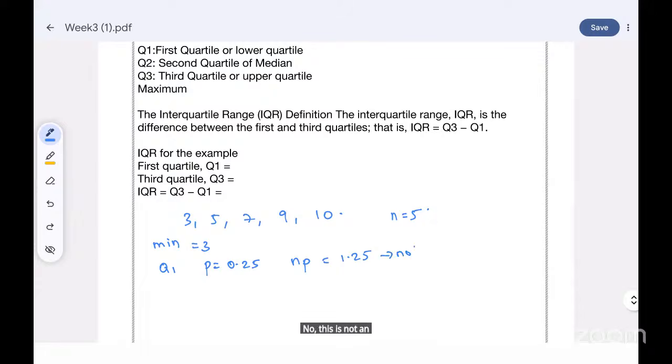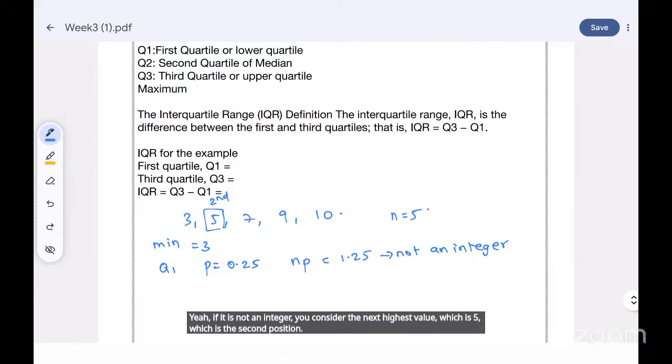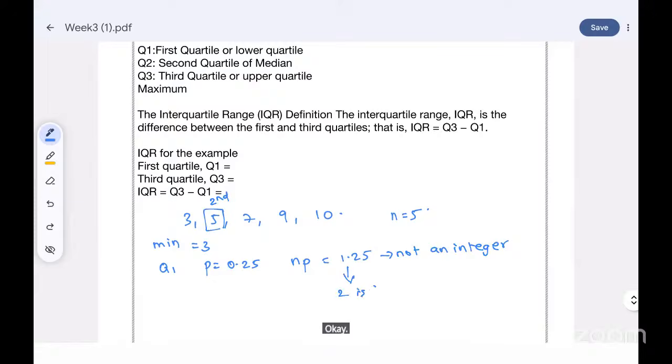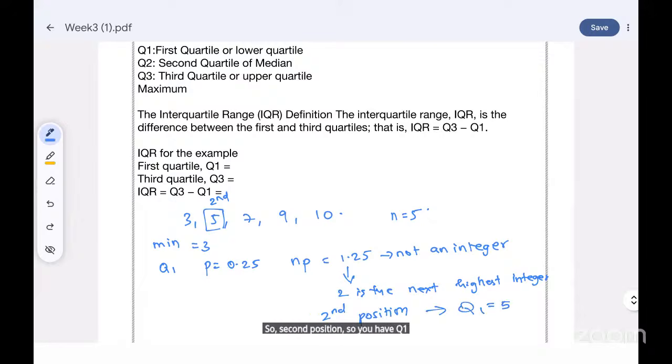If it is not an integer, you consider the next highest integer, which is 2. So you consider the second position, which is 5. So Q1 is equal to 5.